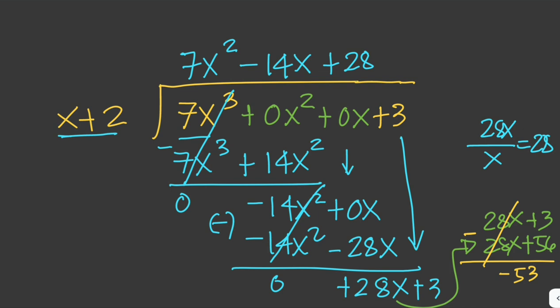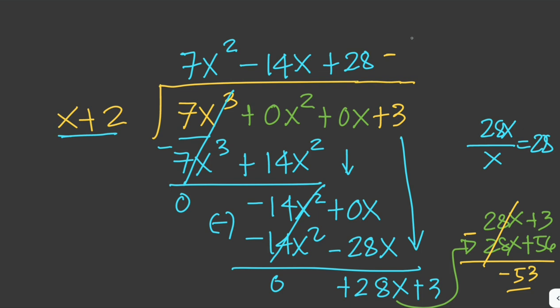Now, negative 53 cannot be divided by x plus 2, so that means negative 53 is our remainder. And then we can write the remainder as negative 53 over x plus 2. We can just write it at the end of our quotient.